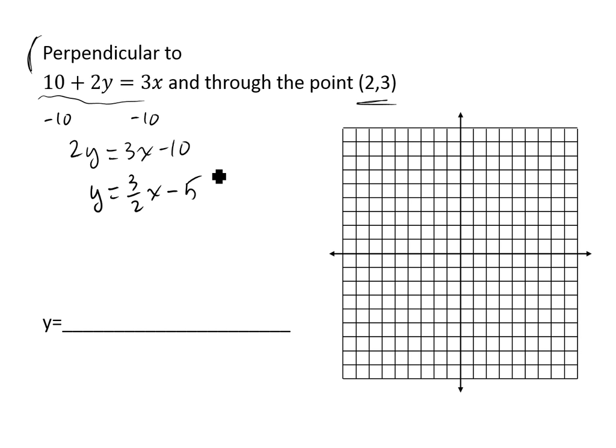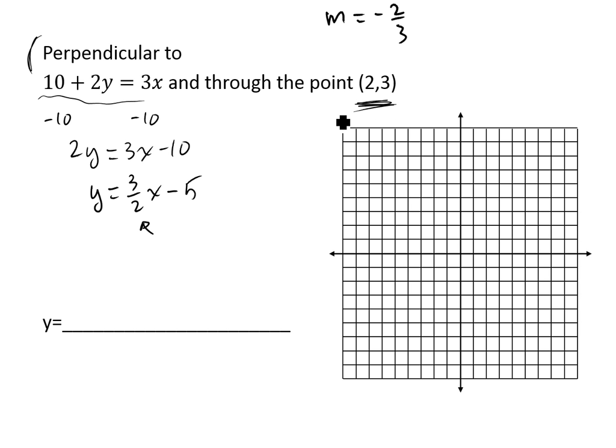So the slope of this line is 3/2. So the slope of the line I'm trying to find, I'll write it up here, must equal negative 2/3, because those are opposite reciprocals of each other. The other thing that I'm given is that it goes through this point (2, 3).